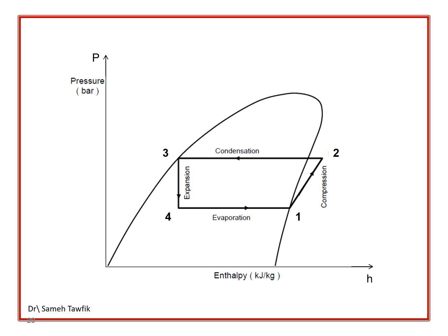Each process is represented by a line on the diagram, connecting the corresponding states. The compression process increases both pressure and enthalpy, followed by a constant pressure condensation process. Expansion reduces both pressure and enthalpy, while the evaporation process occurs at constant pressure, increasing enthalpy. The diagram is essential for understanding the refrigeration cycle's efficiency and performance.